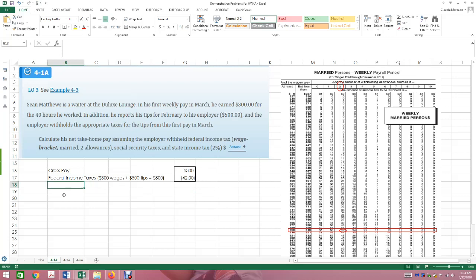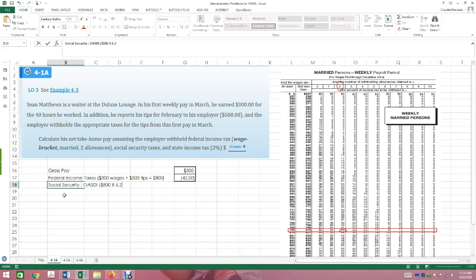Now we're going to do our Social Security. First I am going to do OASDI. For my OASDI, I know that I have to pay taxes on how much? Well, it's the $500 of tips and the $300 of wages, so that's going to be $800.